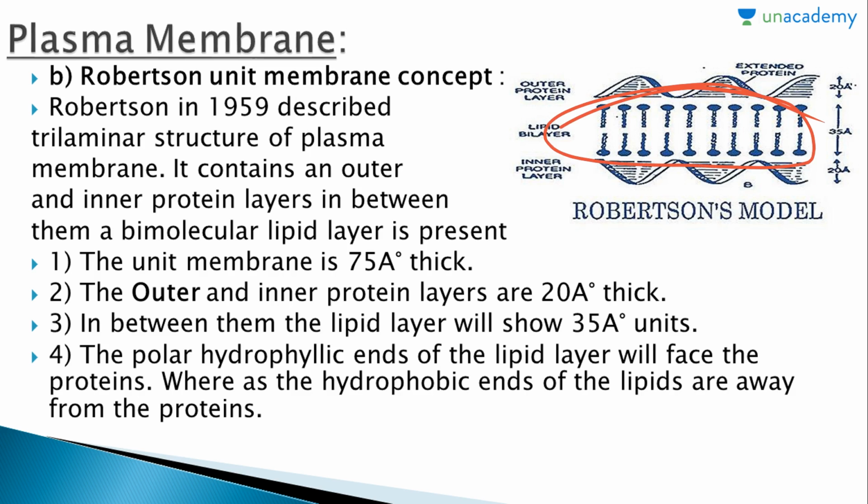The unit membrane is 75 angstrom thick. The outer and inner protein layers are 20 angstrom thick. In between them, the lipid layer is 35 angstrom. Okay, so this is it.